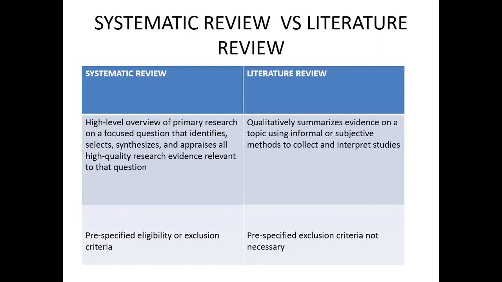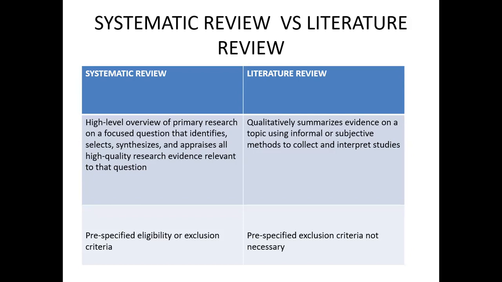So what differentiates systematic review from literature review? As you know, systematic review is higher level overview of primary research on a focused question. I always tell you that in research, there is always a question. Whether it's yourself, you're asking yourself a question, or the research comes from somewhere else, from a decision maker.